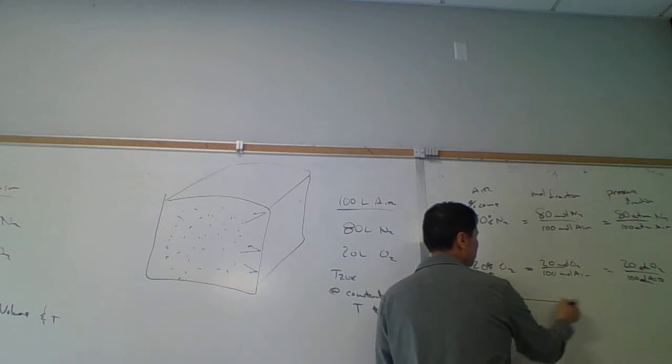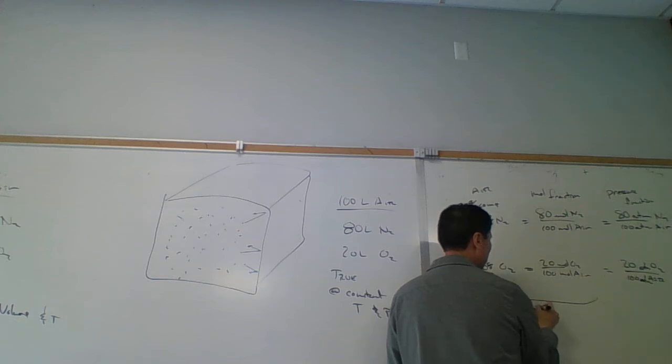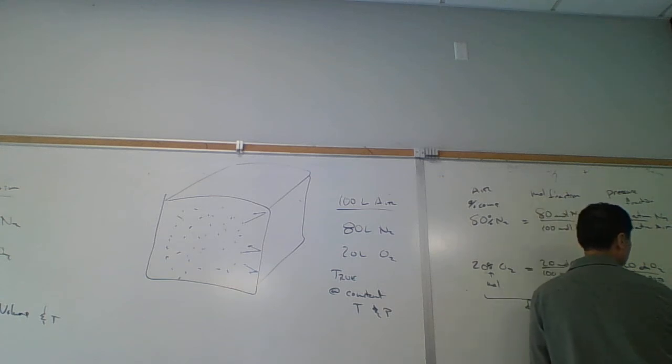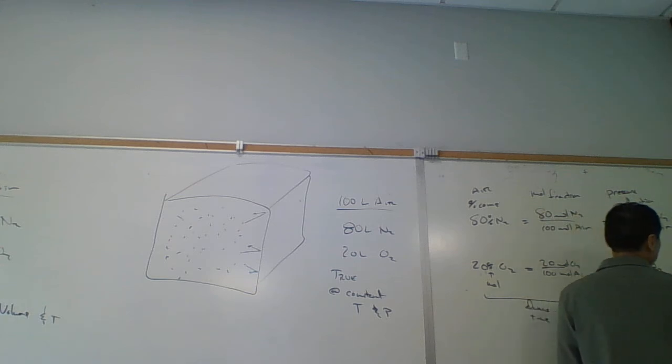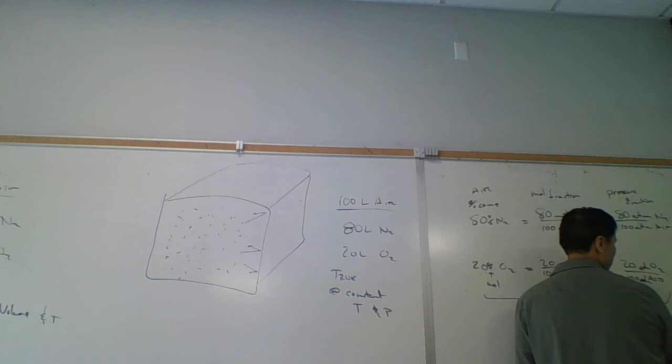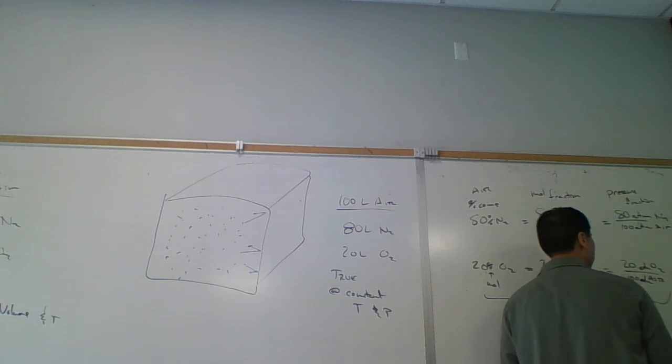All right, so the mole percent and the mole fraction, these are always true. The pressure fraction is true at constant volume, and the volume fraction is true at constant pressure, but it can't be simultaneously constant volume and constant pressure.